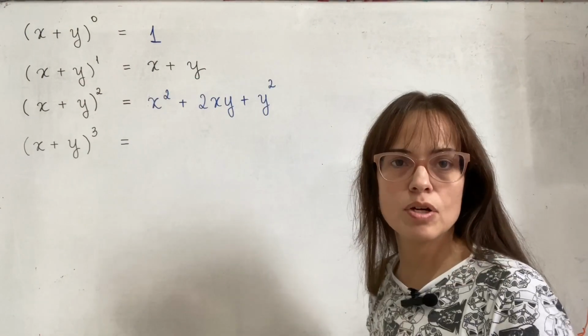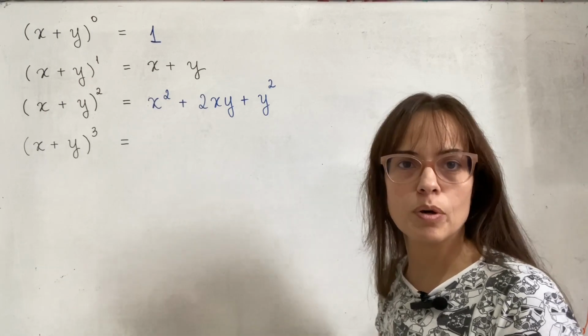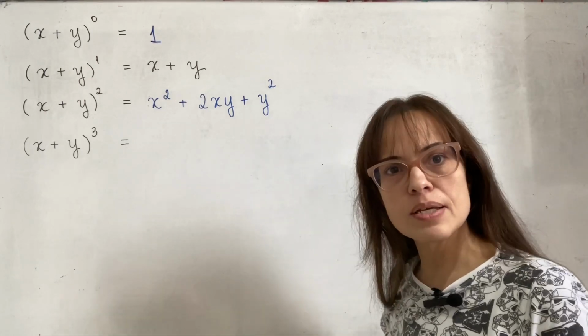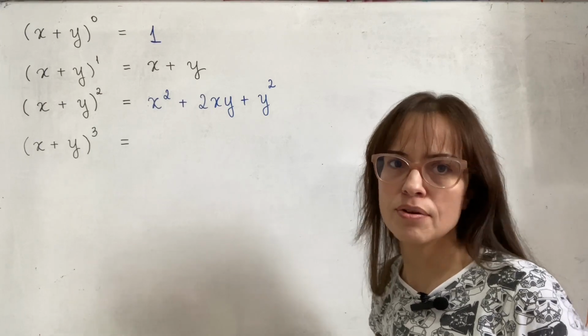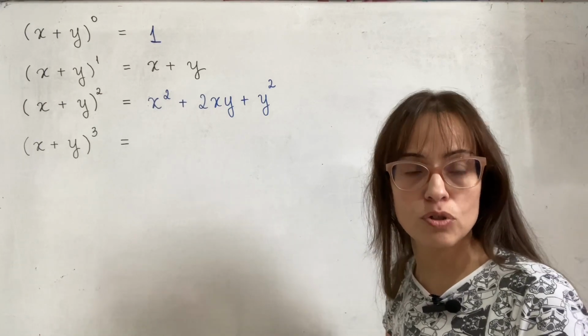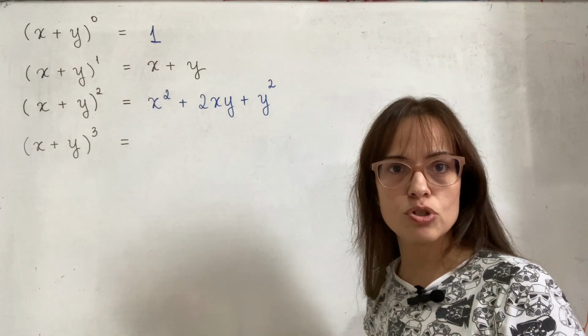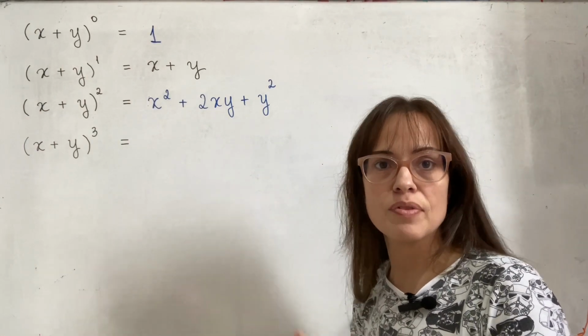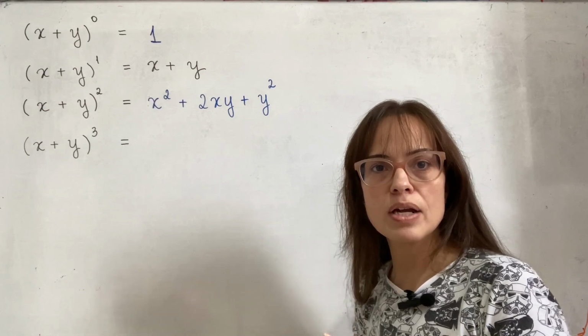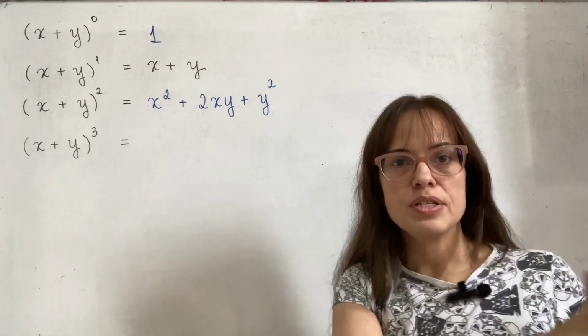The next one that I want you to do is x plus y to the power of 3, which is not something that a lot of people know by heart. And I'm not suggesting that you should, okay? If you memorize it, fine, but you don't have to. What I really want you to do is to think about this power of 3 as the repeated multiplication that it is, but don't write out the x plus y 3 times.